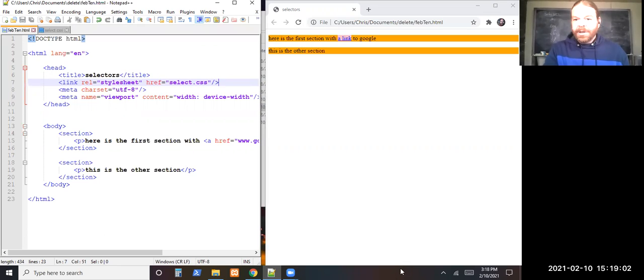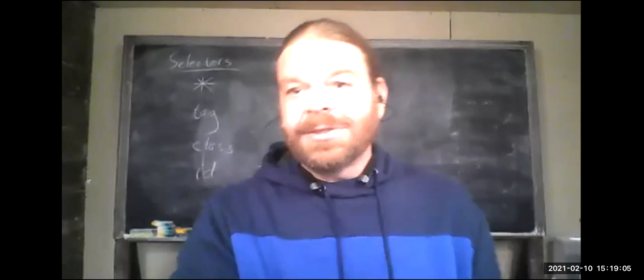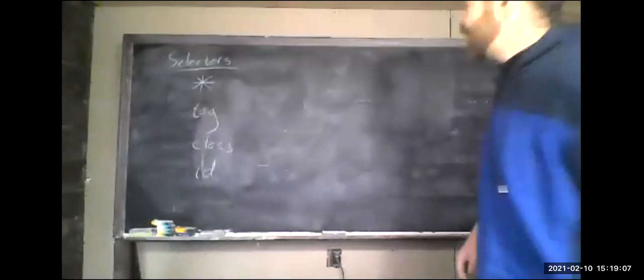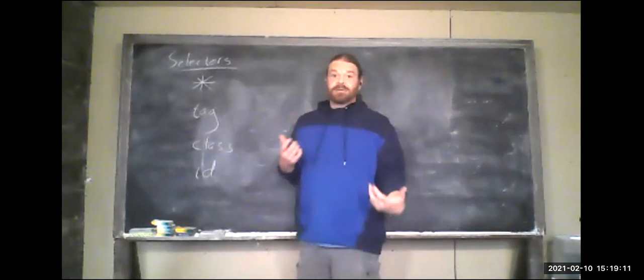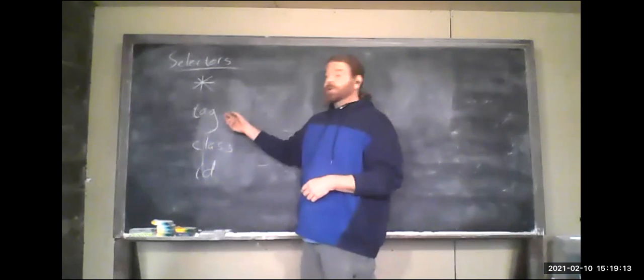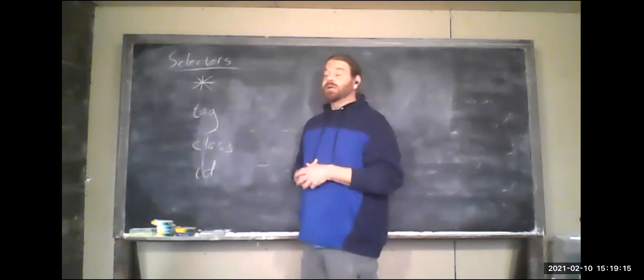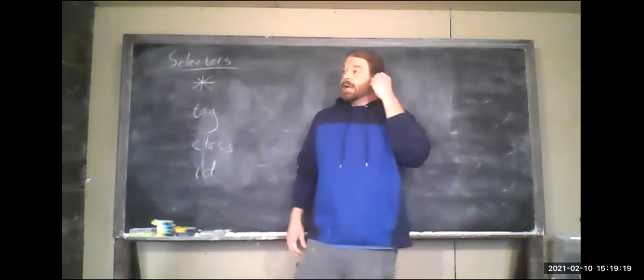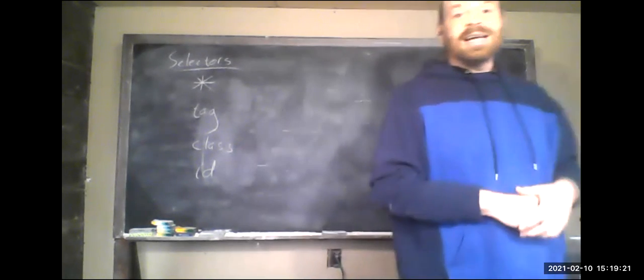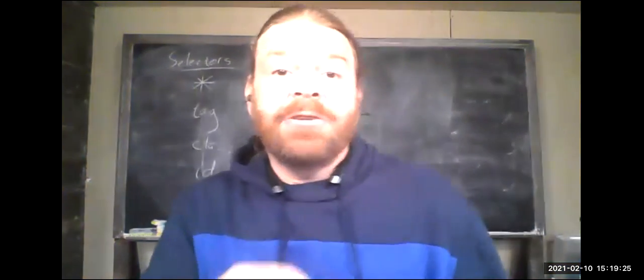And like that list I put on the board, I'll stop the screen share so it's big enough to see, hopefully. With what we've seen so far, to select those section tags, we could just say section, and that would select all of them. Or we could define classes or IDs, but we haven't seen yet how to select it if we use the name attribute.